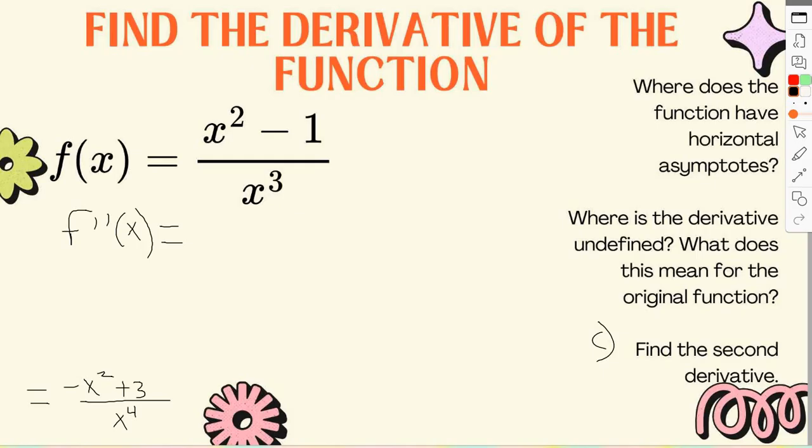Now remember, we are going to have to apply our quotient rule again, so I can't just take the derivative of the top and the derivative of the bottom. We have to apply our formula. The reason we use the quotient formula is because when I have quotients, we have to use it.